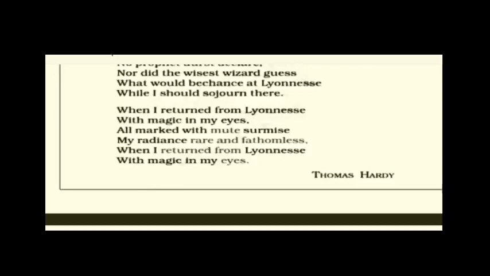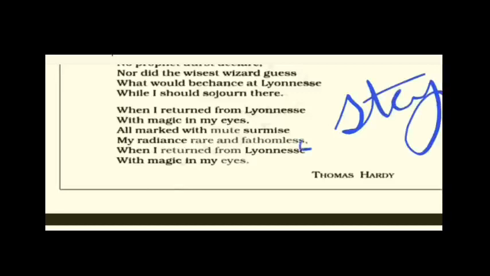When I returned from Lyonesse with magic, so wonderful a poem. See, it also restores our faith and connection with God. So he had been to a church which was under restoration, and maybe during his brief stay there he formed a heavenly connection with God, and that is why he had this glow in his eyes, and there was a change in personality.